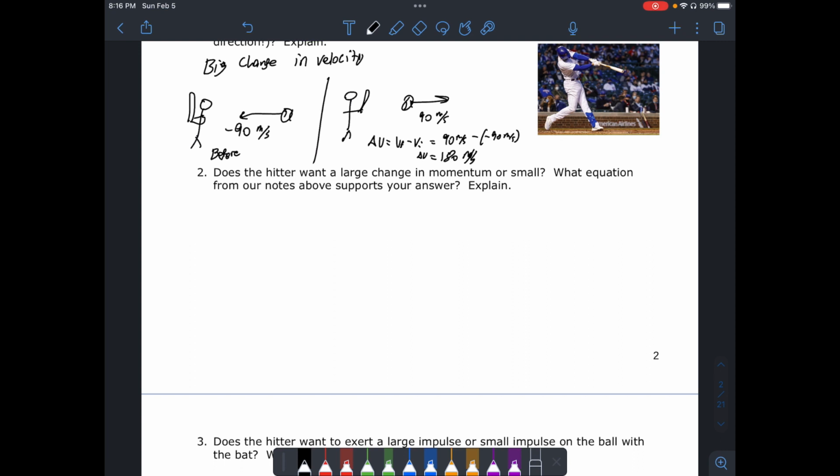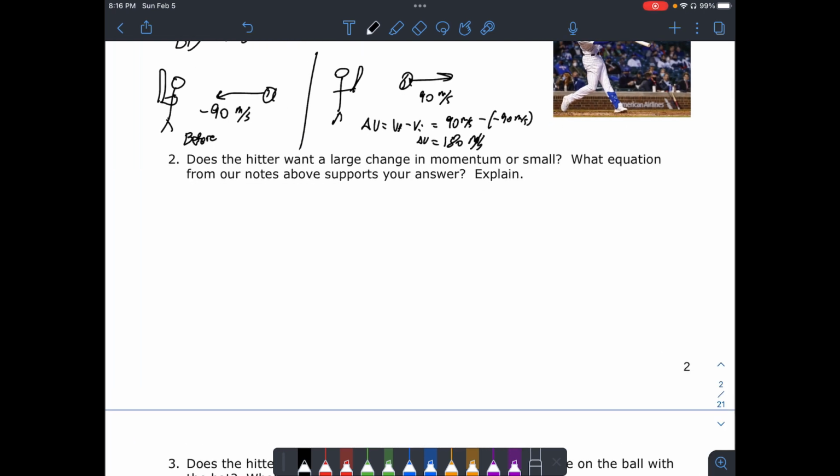Now we're talking about momentum, obviously. So does the hitter want a large change in momentum or small? Before I say the answer here, let's look at our equation for momentum. We're talking about changes, so I'm going to include the change version. Change in momentum is equal to our mass, which does not change, times change in velocity.